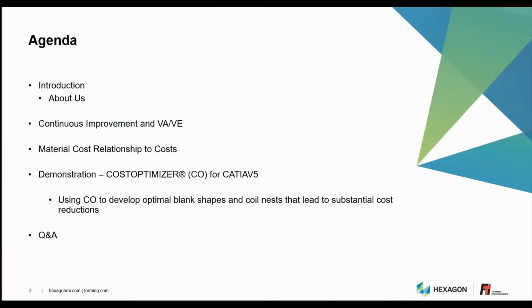After, we will talk about what continuous improvement, value analysis and value engineering are. We will talk later about the material cost relationship to the total cost of the project. And later on, Mike Lee will do a demonstration of our solutions in CATIA. So we'll be showing you Cost Optimizer.